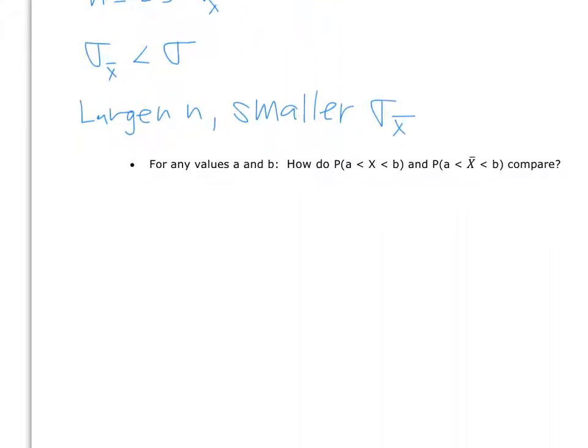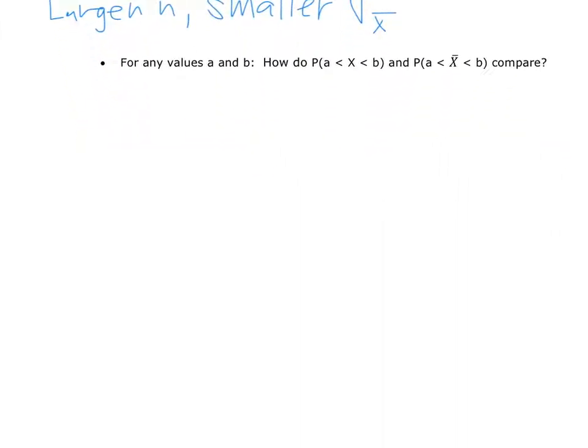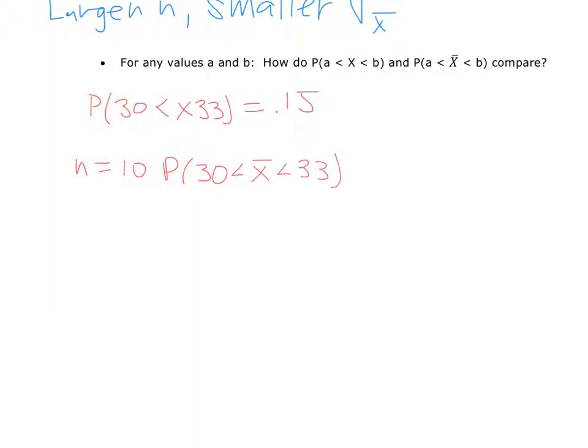Second observation, we compare probabilities. If we just looked at x, the probability that x is between 30 and 33, we had a probability of 0.15. And when n is equal to 10, the probability that x bar is between 30 and 33 is 0.4495.